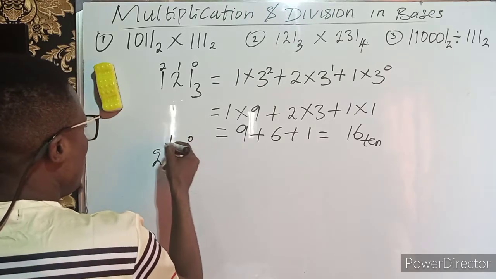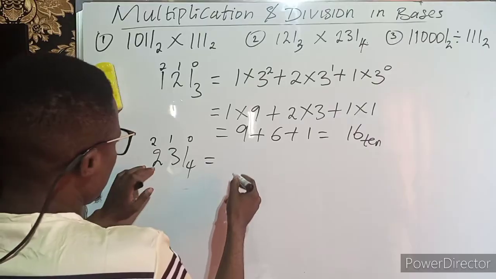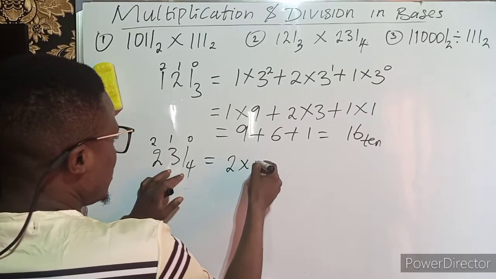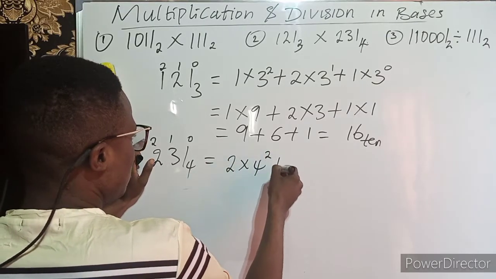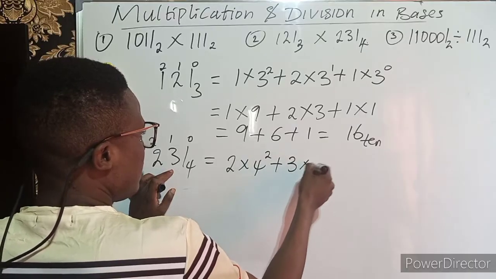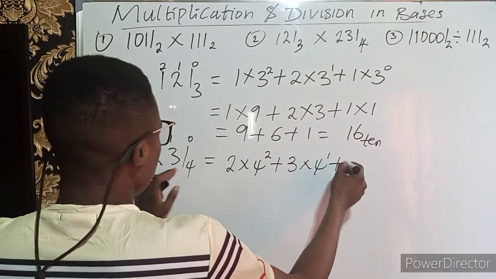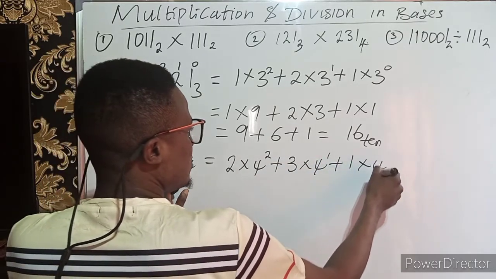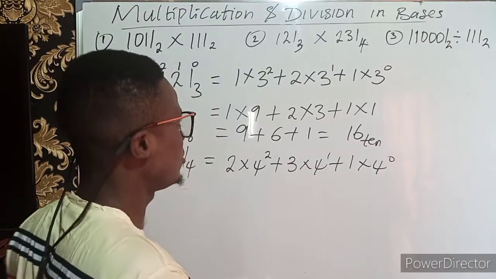You still call the positions 0, 1, and 2. So this is now 2 times base 4 power of 2 plus 3 times the base 4 power of 1 plus 1 times the base 4 power of 0.